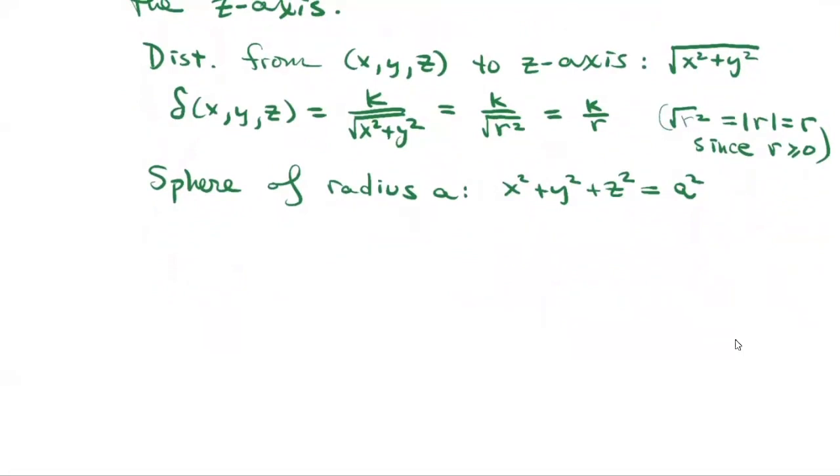Okay. Don't forget x squared plus y squared is r squared, so the sphere is actually r squared plus z squared equals a squared. So if we solve for z, we get z is plus or minus the square root of a squared minus r squared. So that's the bottom and top of the sphere.